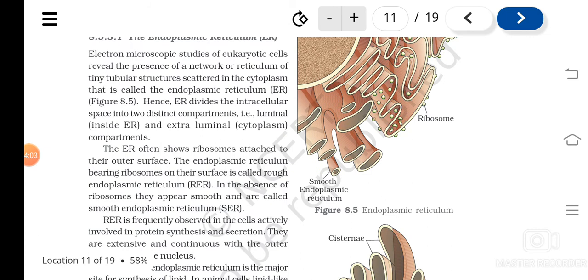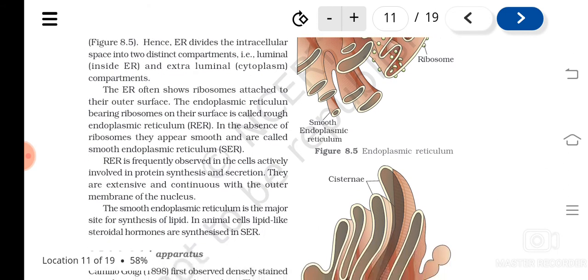When it is attached to ribosomes, it forms the rough endoplasmic reticulum, and if the ER does not have ribosomes, it is known as SER. The RER's main function is protein synthesis, because ribosomes are the organelles associated with protein synthesis.